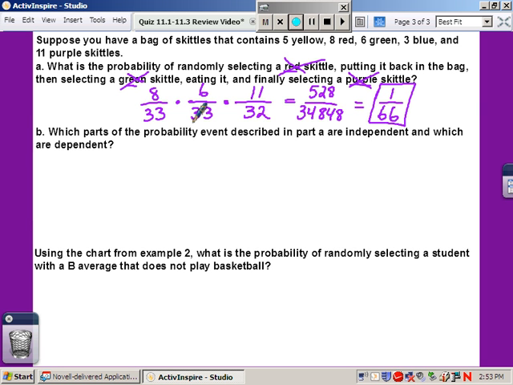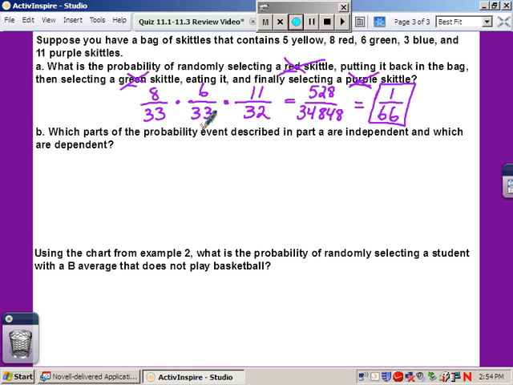So whether this first event happened or not doesn't really matter, this probability still ended up being 6 out of 33. So it turns out that the first one was independent, because it's the beginning one, and the second one's actually independent too, because you didn't really change anything. So then you eat that green Skittle. So then the purple Skittle probability, that one normally should be 11 out of 33.